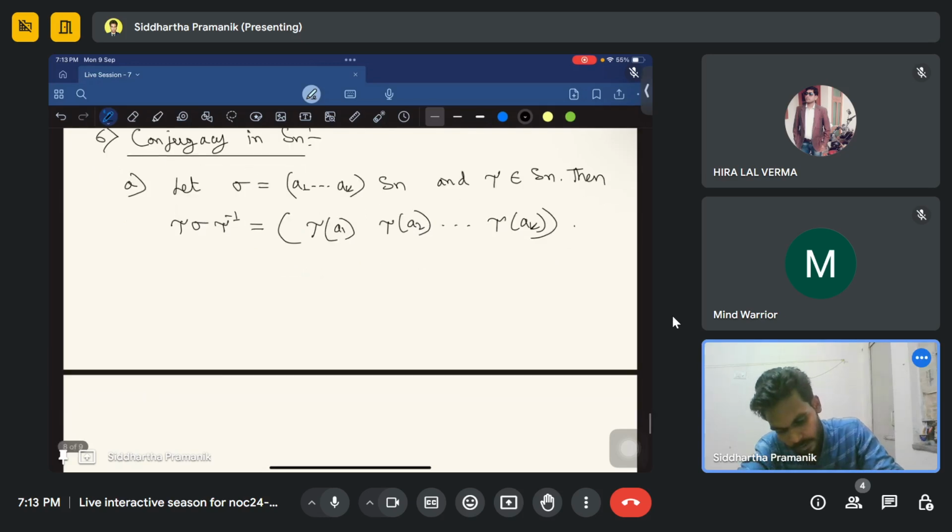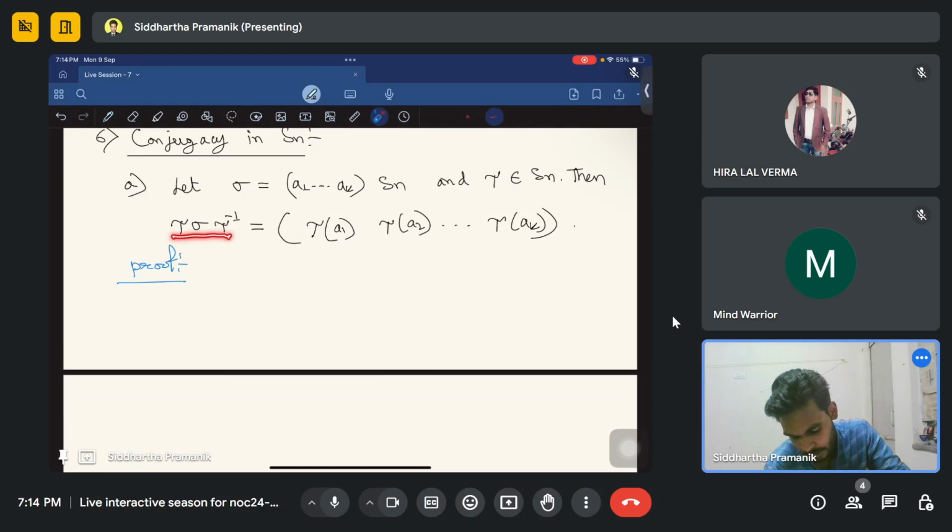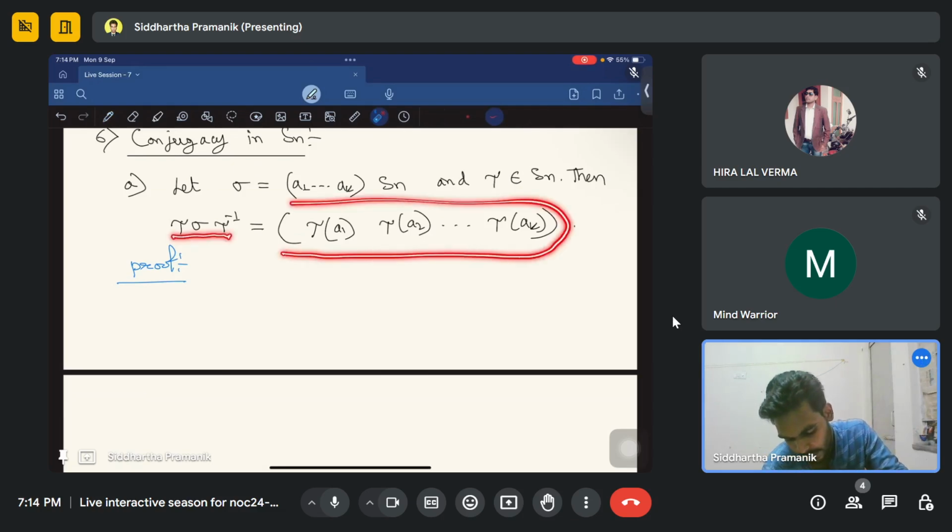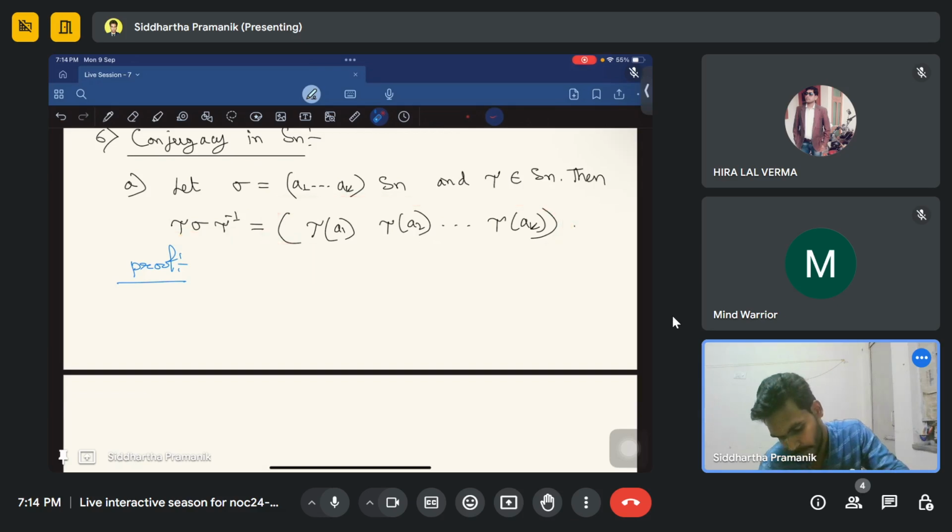So let's see a quick proof for this. We need to prove tau sigma tau inverse is exactly this k cycle. Let alpha equal tau sigma tau inverse.